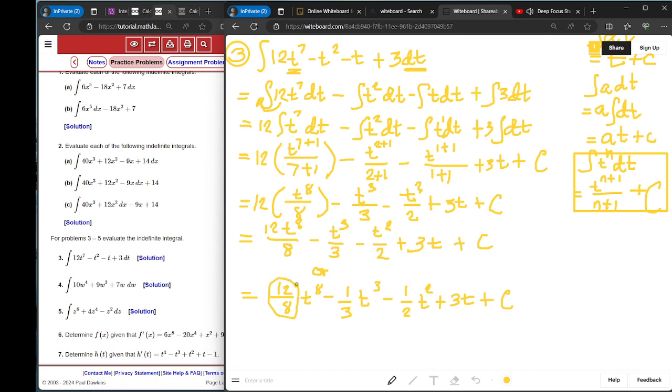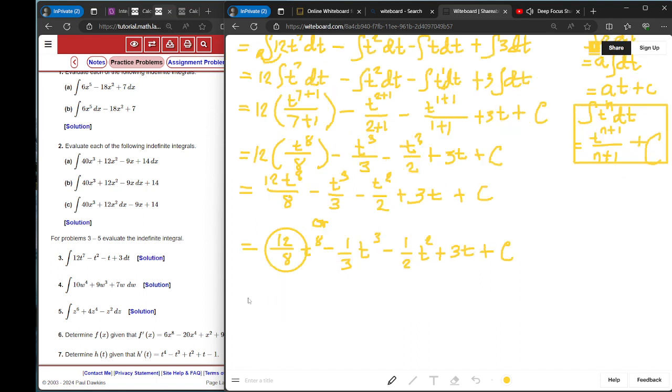We can simplify these since both are divisible by 4. So 12 divided by 4 is 3, and 8 divided by 4 is 2. Then we have 3 over 2 t to the power of 8 minus 1/3 t to the power of 3 minus 1/2 t squared plus 3t plus c.